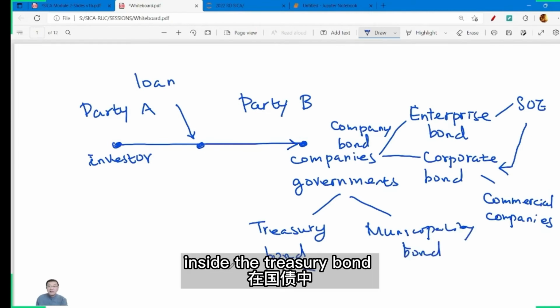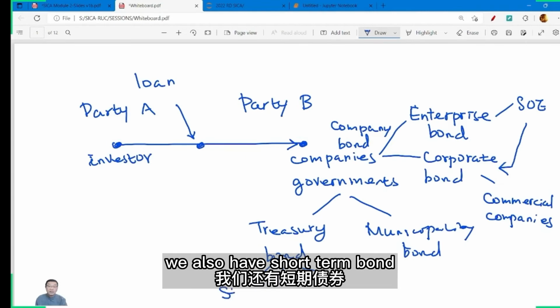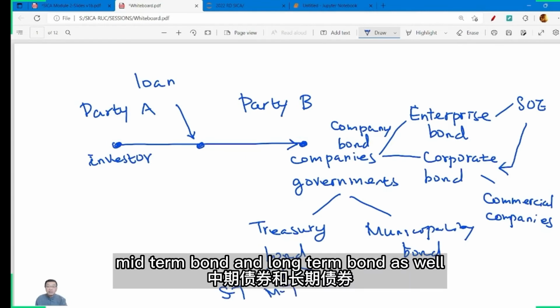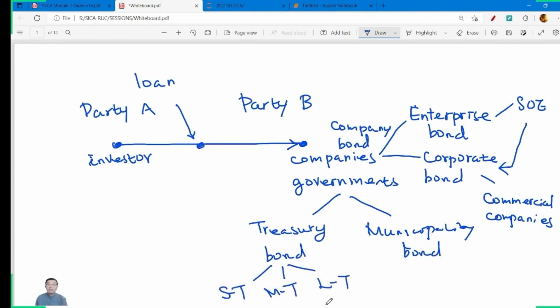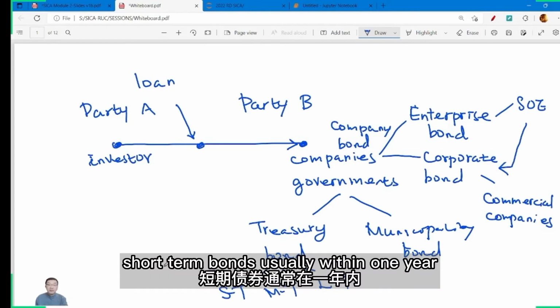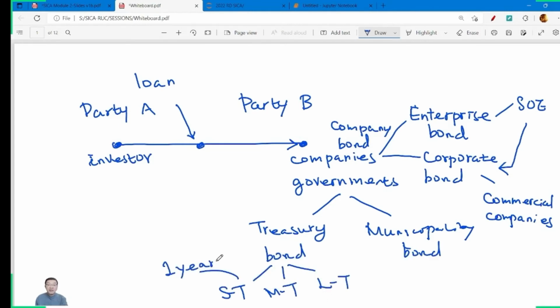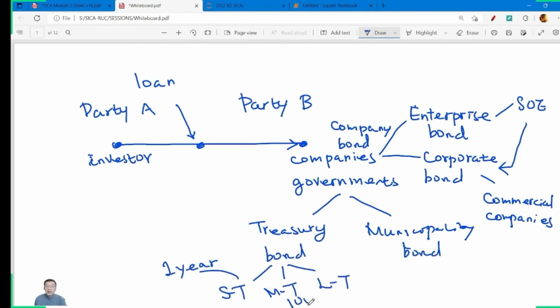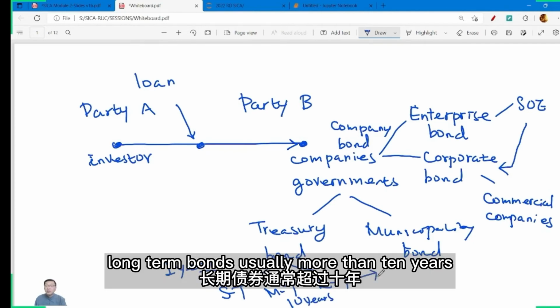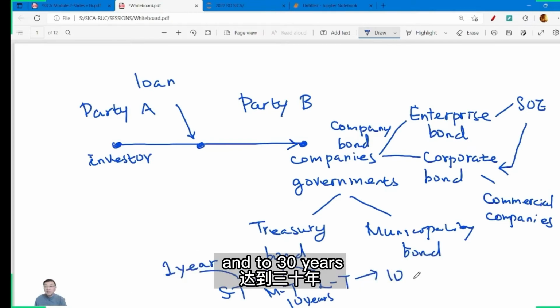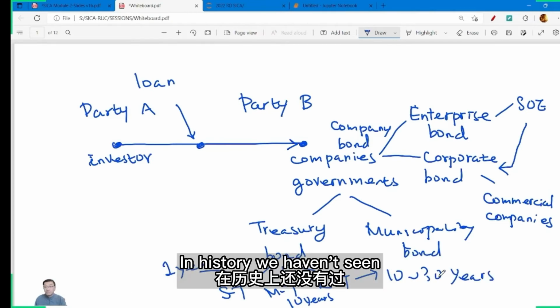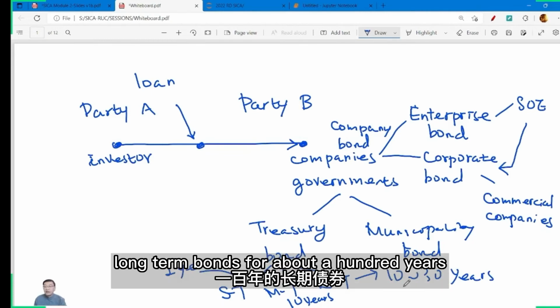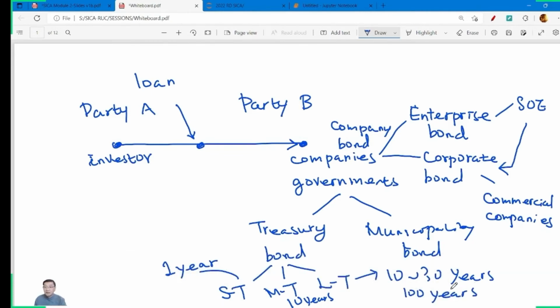Inside treasury bonds, we have short-term bonds, usually within 1 year; mid-term bonds, usually less than 10 years; and long-term bonds, usually 10 to 30 years. In history, there have been bonds of about 100 years.